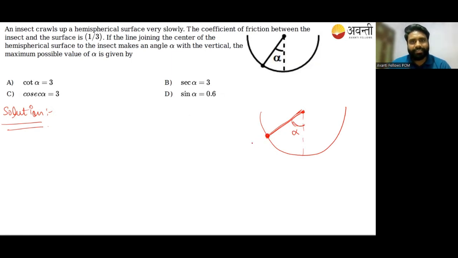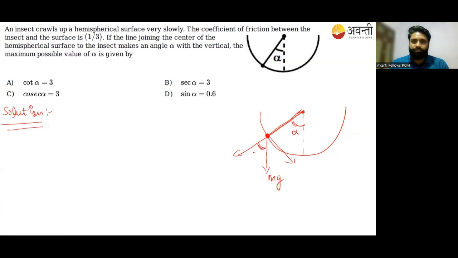Suppose the insect has mass m. So on this mass m, the force acting downward is mg. Now this mg would have a component in this direction and in this direction also. If this angle is alpha, what about this angle?